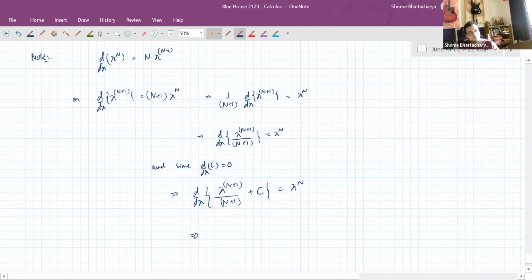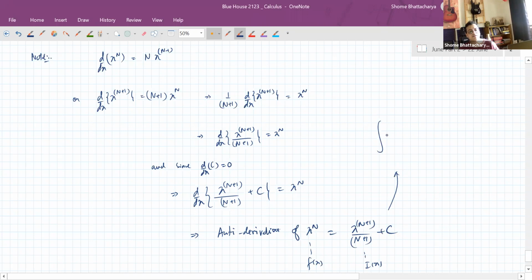So that means that the antiderivative of x to the power n equals x to the power n plus 1 upon n plus 1 plus c. That is, if we take this as our f(x), then this is our I(x). So this gives us our first formula of integration.